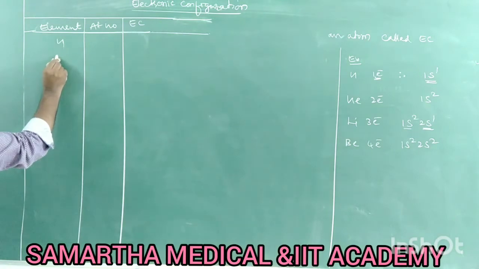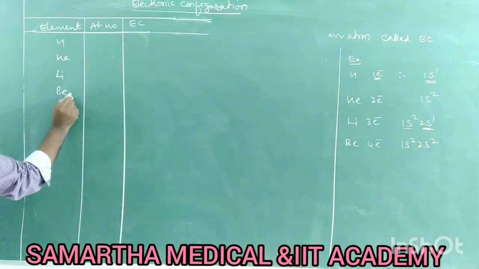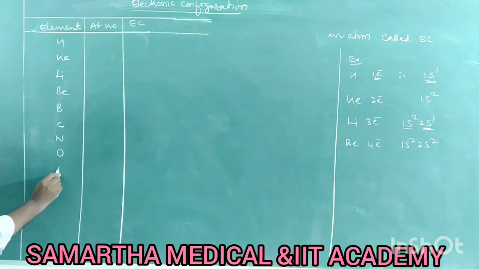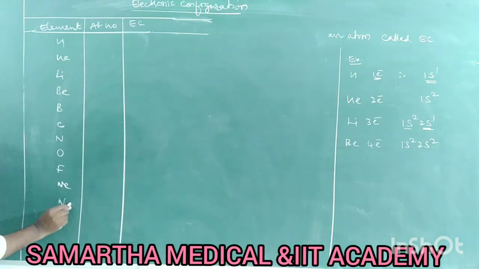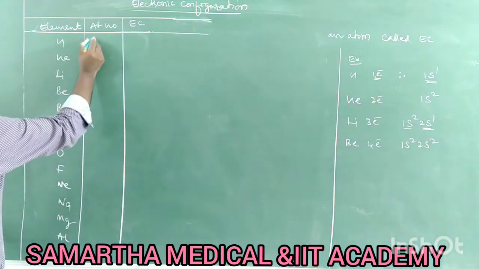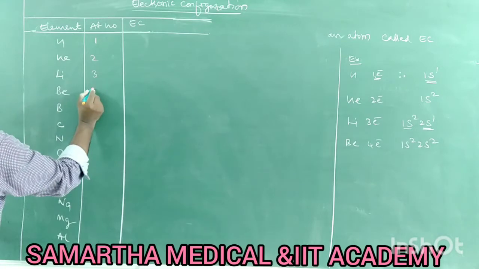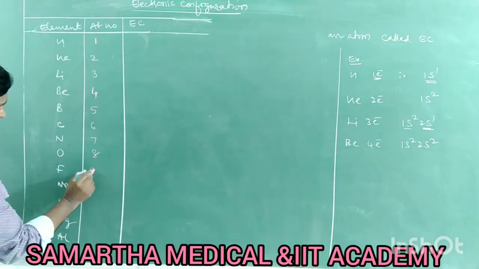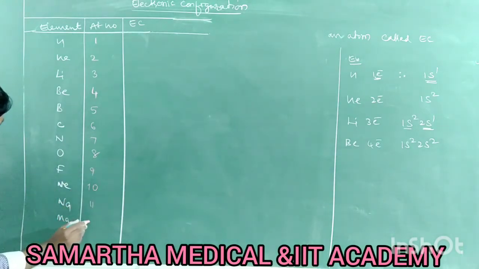Elements: hydrogen, helium, lithium, beryllium, boron, carbon, nitrogen, oxygen, fluorine, neon, sodium, magnesium, and aluminium. The atomic numbers, we know, are 1, 2, 3, 4, 5, 6, 7, 8, 9, 10, 11, 12, 13. Now, what are the electronic configurations?